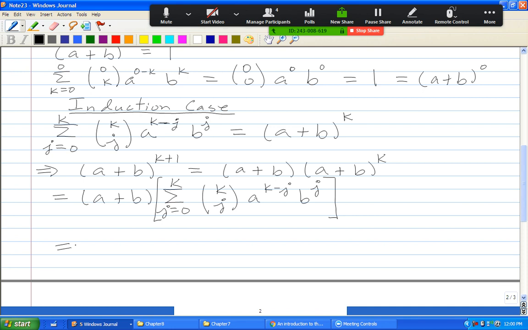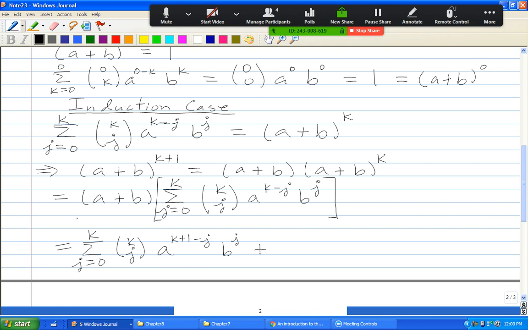So this is equal to, let me just multiply the summation inside the parentheses. So this is the sum j equaling 0 to k of k choose j a to the, well, I'm multiplying a times this, so I add exponents, so it's k plus 1 minus j, b to the j.